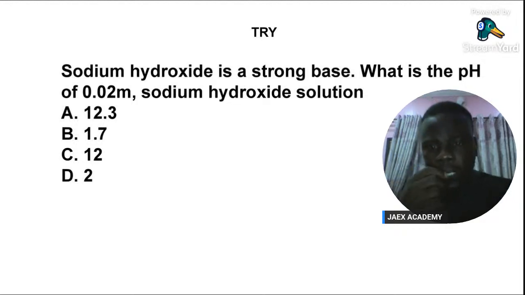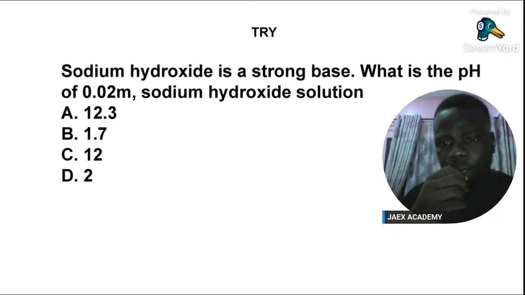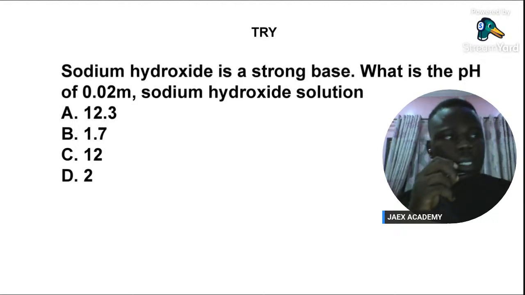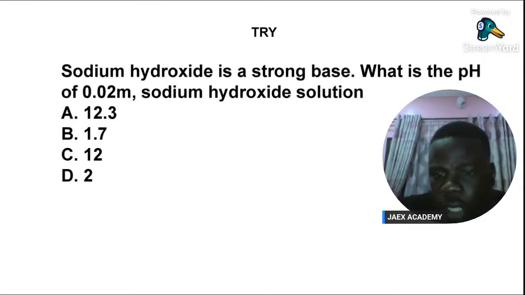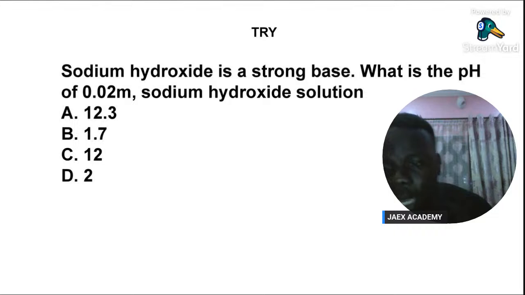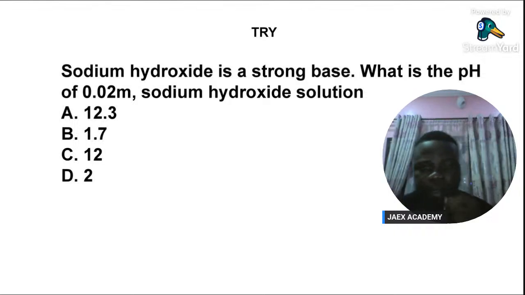Okay, I guess I have to solve this one myself, so that will be fast. So that means Mr. Bliss was wrong, right? Log 0.02. Okay, I think Joy is correct. Log 0.02 will give us 1.7.